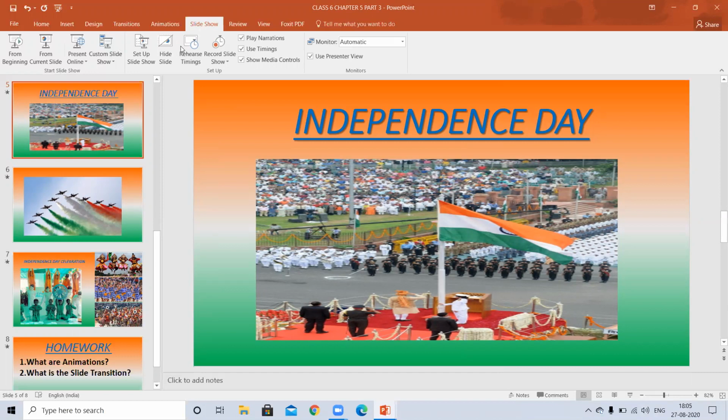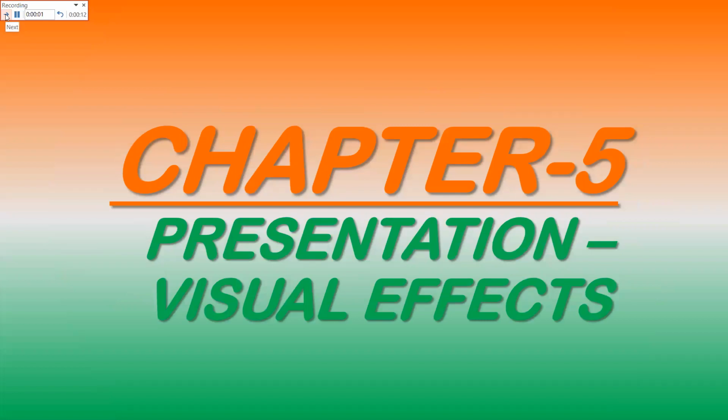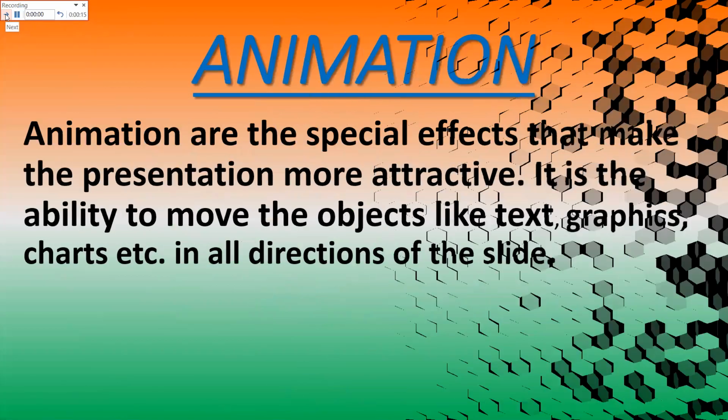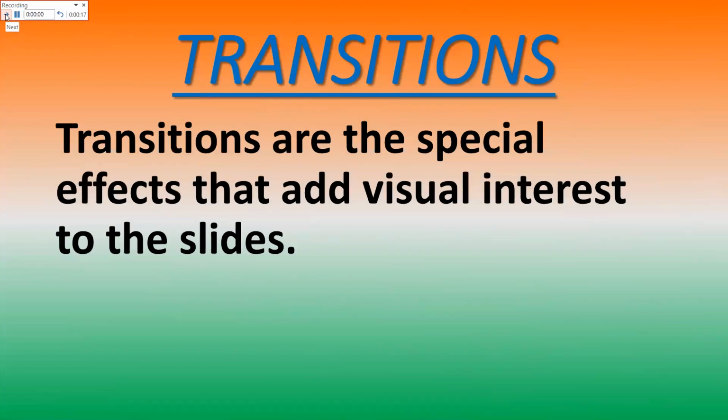In the Slide Show tab there is an option, Rehearse Timings. Here is your timing, and here you can record also. This is for the next slide. For each slide you can set the timing, and for different slides you can set different timings.